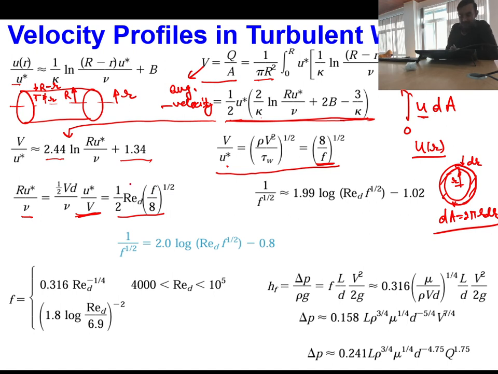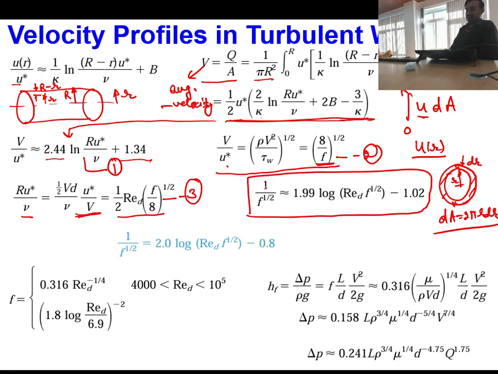Okay, now combining equation number 1, equation number 2, and equation number 3, I will be getting one relationship for friction factor: 1/f^(1/2) is nearly equal to 1/1.99 log of, so here this is natural log of, Reynolds number, when Reynolds number is calculated based on diameter of pipe, into friction factor power 1/2, minus 1.02.